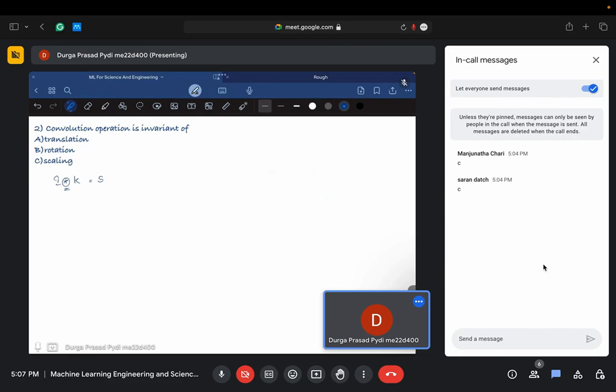Now if any of these transformations is denoted by T, if I apply T to I and then apply convolution, say I get S1. Alternatively, I do convolution first and then apply the transformation operator on that. If I get S2, and S1 equals S2, then I am calling it invariant.